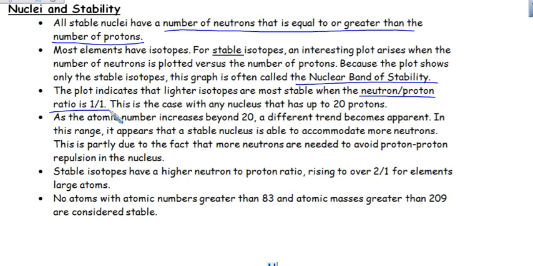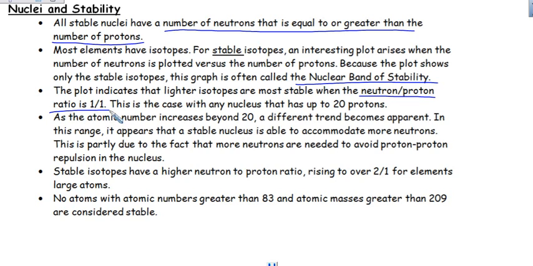Smaller atoms are pretty stable when we have a proton-neutron ratio of 1:1. This will cover about the first 20 elements, the first 20 protons.